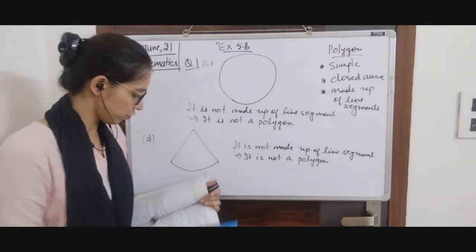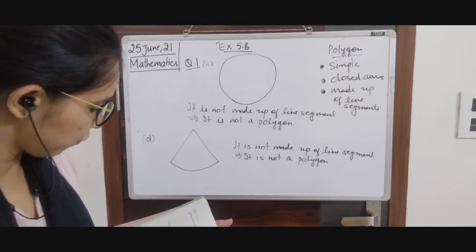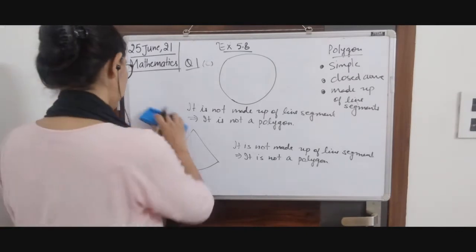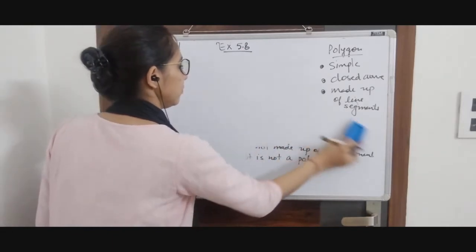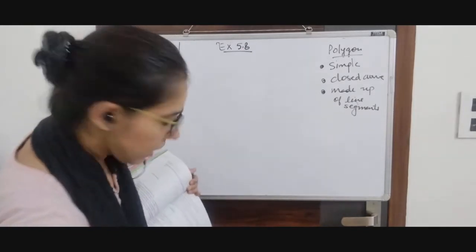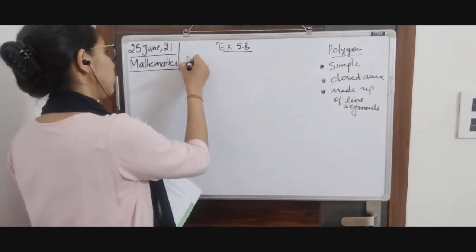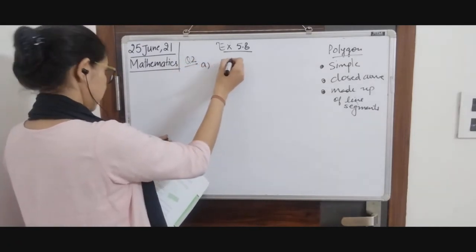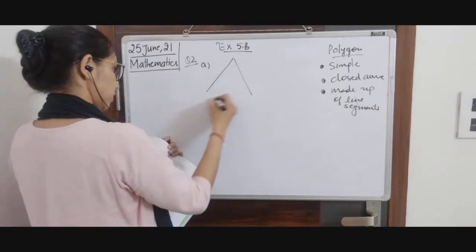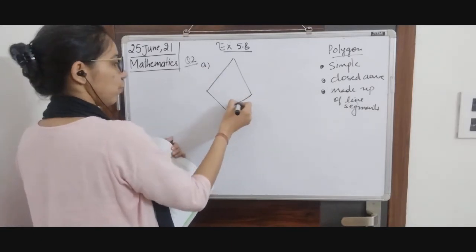Now we move to question number 2, in which we have to name the polygon. In the first part of question number 2, it is a figure like this. 1, 2, 3, 4. 4 line segments.